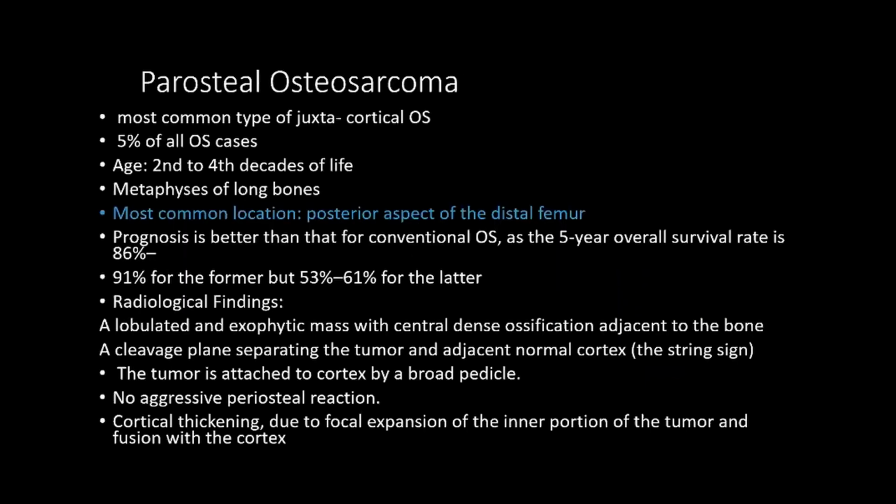The next is parosteal osteosarcoma, the most common type of juxtacortical osteosarcoma, age from second to fourth decade, metaphysis of long bones. The most common location is the posterior aspect of the distal femur, and in the FRCR exam, it is very important to differentiate it from myositis ossificans following hematoma, as the calcification in parosteal osteosarcoma is central compared to the peripheral calcification of myositis ossificans.